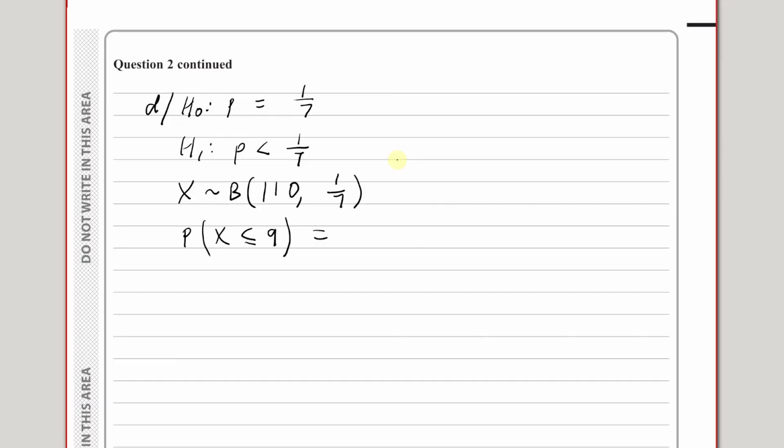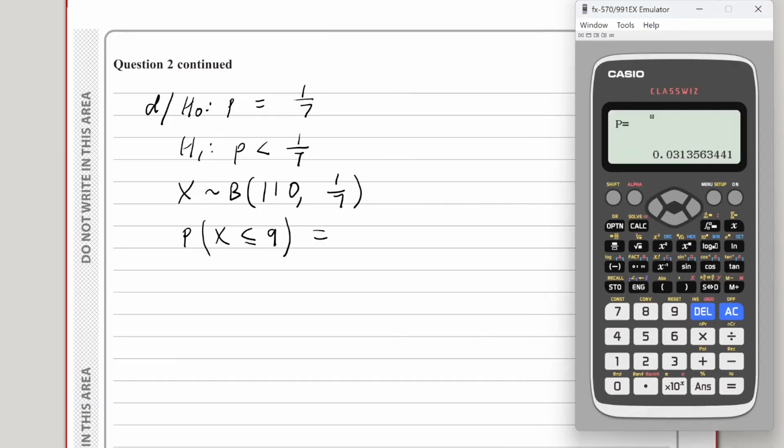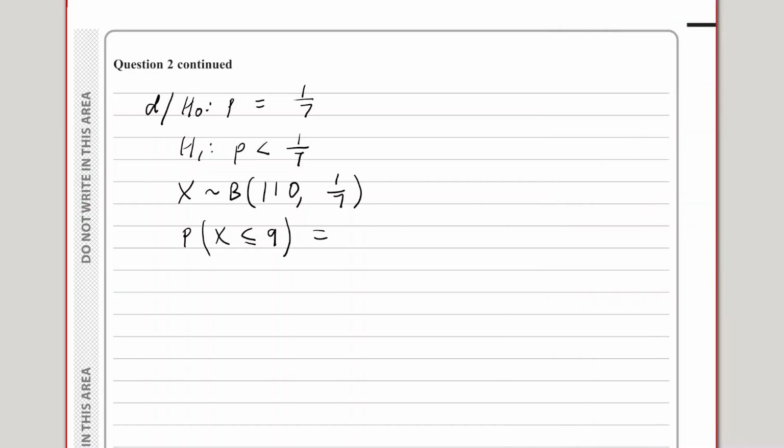So let's see what we get. We're going to go for a binomial cumulative. We want 9, we've got 110, and it's 1/7. We get 0.0383.